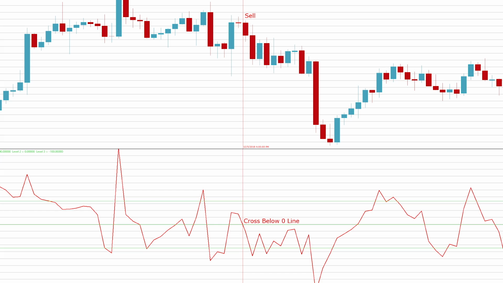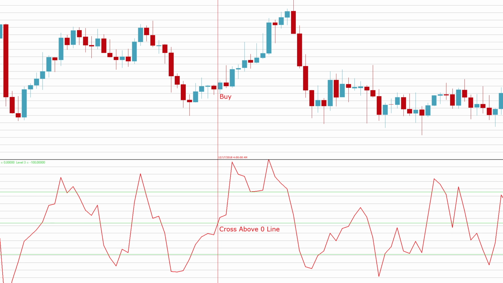So as we cross below that 0 line, the typical price of the candle is crossing below the longer term moving average of the typical price, giving us our bearish entry. As the CCI crosses above, that is our typical price of the candle exceeding the moving average, giving us our bullish buy entry for the CCI.